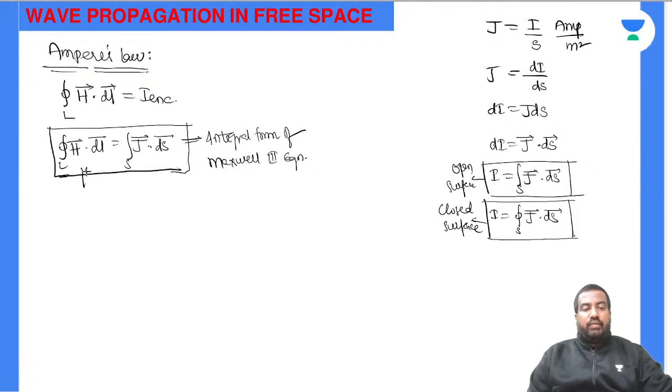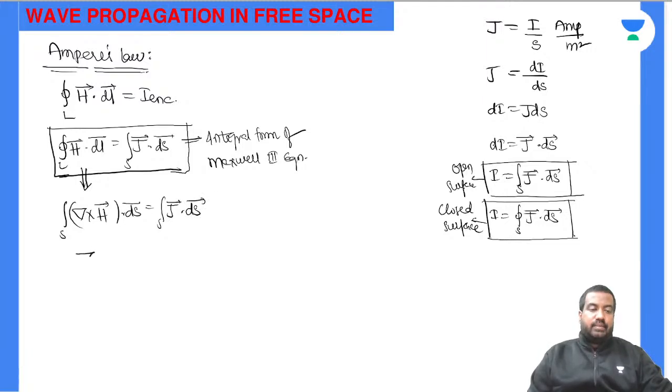Now if you want to convert this into surface form, apply Stokes theorem. Applying Stokes theorem, closed loop integral of H dot dl is surface integral of del cross H dot ds, which is surface integral of J dot ds.